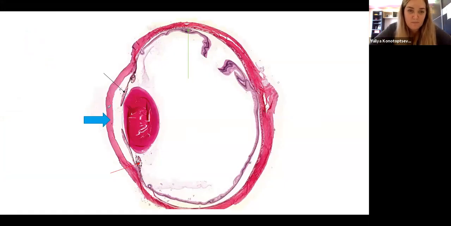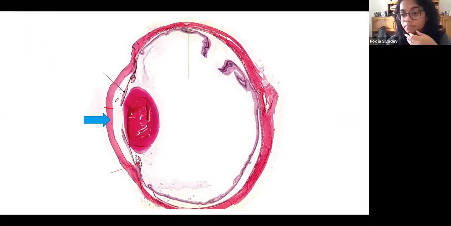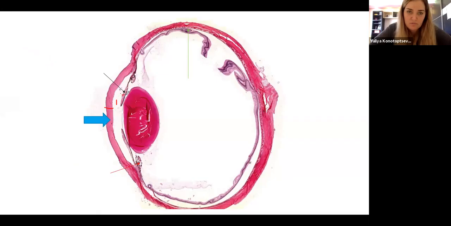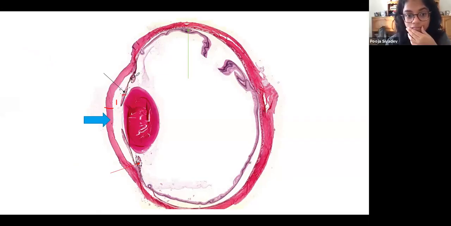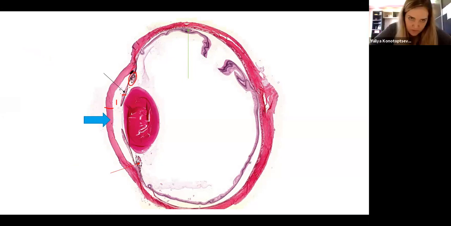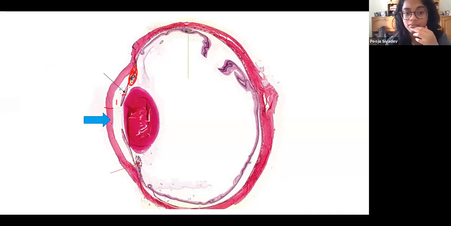Okay, what is this? Cornea. Anterior chamber. Iris. Posterior chamber. Ciliary body, all the way until here. So this is the ciliary body right here. This is the lens.